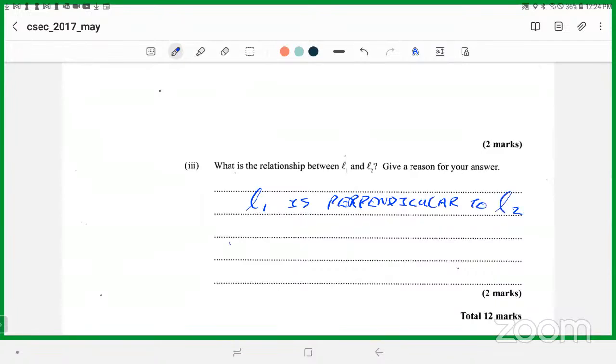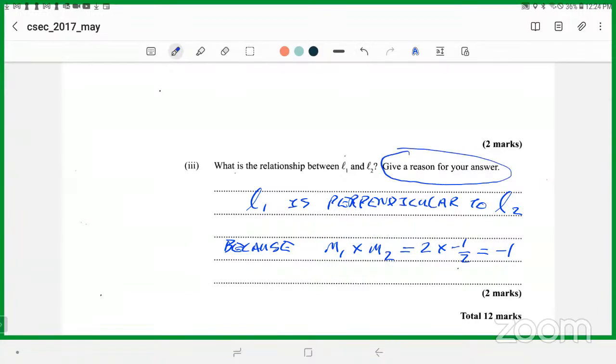Why? Because the gradient of line 1 times the gradient of line 2, which is 2 times minus a half, is equal to negative 1. When the product of the gradients equals negative 1, the lines are perpendicular. That's the reason.